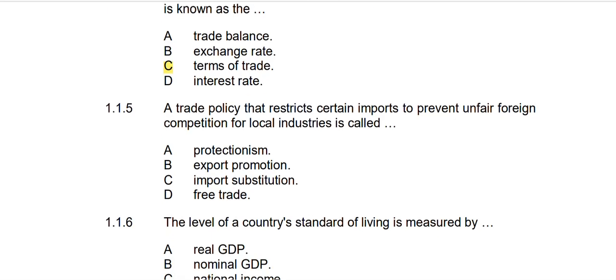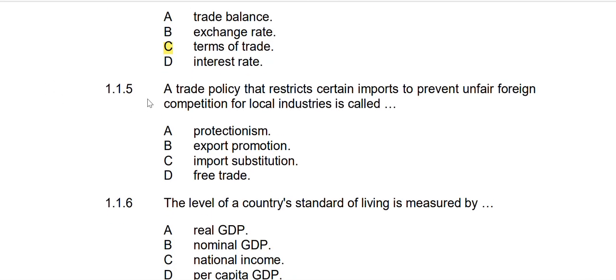Then the next question, it's 1.1.5. A trade policy that restricts certain imports to prevent unfair foreign competition for local industries is called A, protectionism, B, export promotion, C, import substitution, and D, free trade.